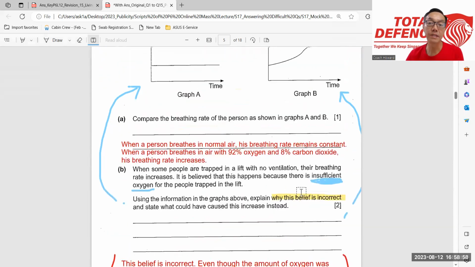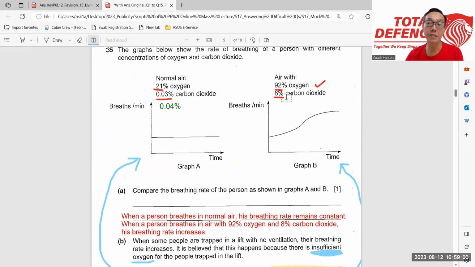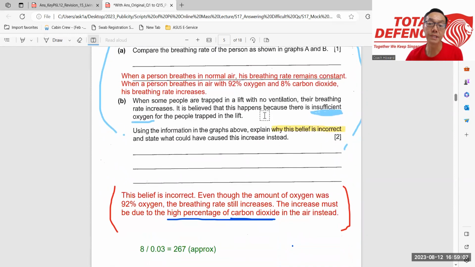That means although it's 8%, it's actually about 267 times more than the normal carbon dioxide. That's why it caused the breathing rate to increase.